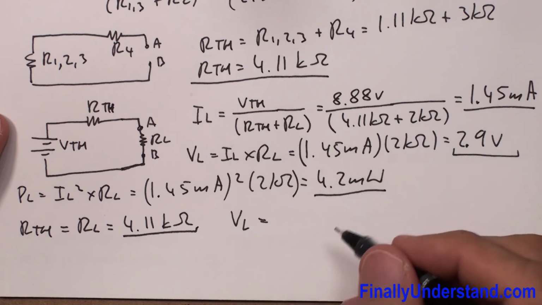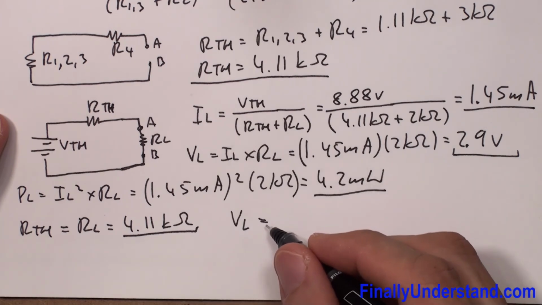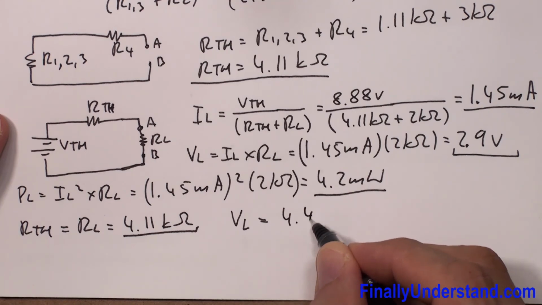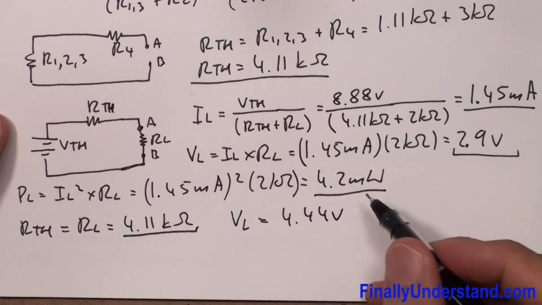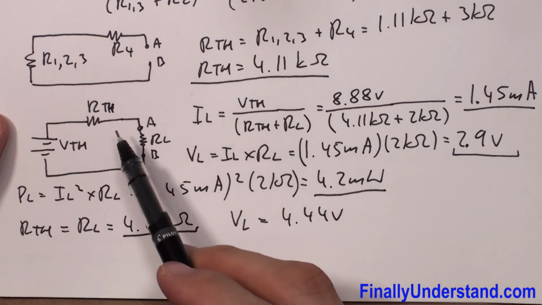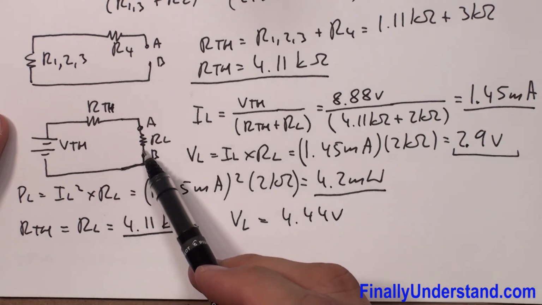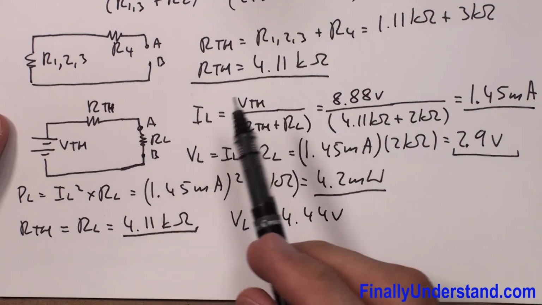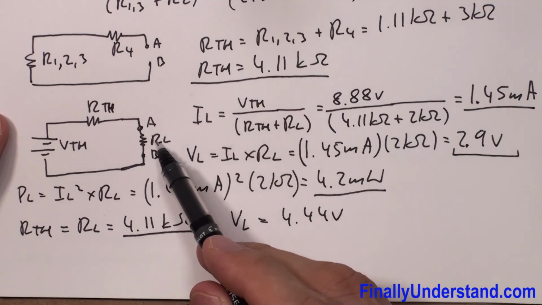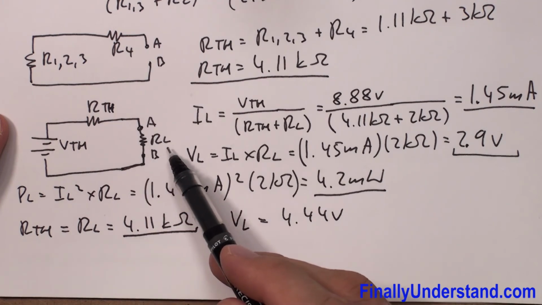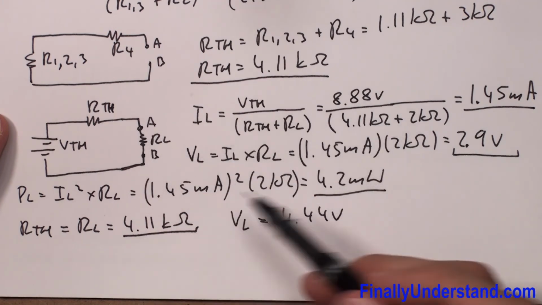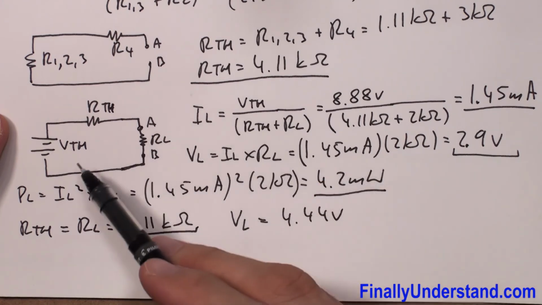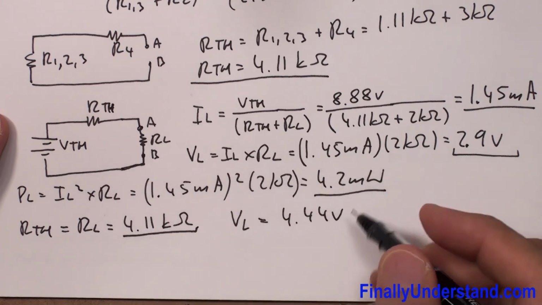So VL is going to be equal to 4.44 volts. Let me remind you one more time. A series circuit is a voltage divider, and because these values are identical, because we said in order to get maximum power at the output, RTH must be equal to RL, my VL is simply half of my VTH.